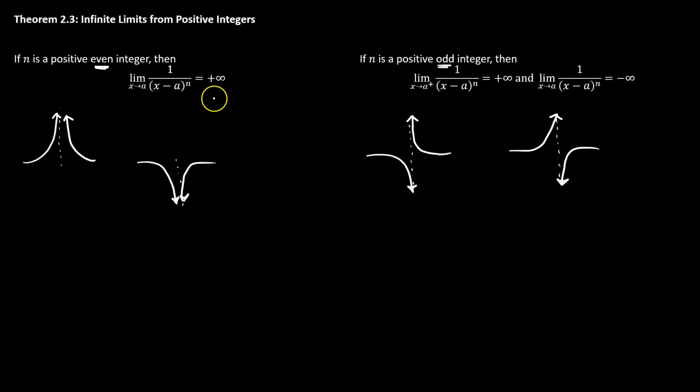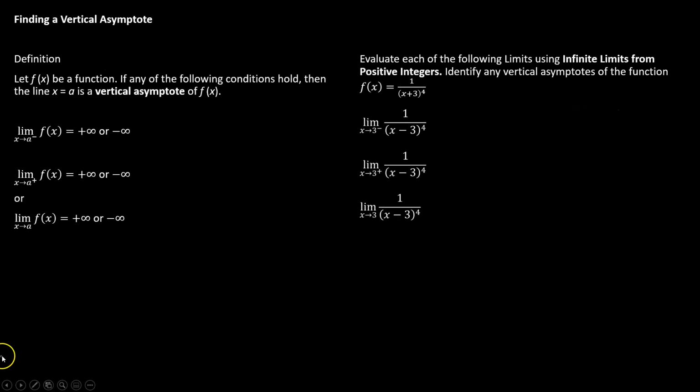So even, the left and right limits match. Either they're both +infinity or they're both -infinity. Odd function, the left and the right limits are opposite. So if the right limit is +infinity, then the left limit needs to be -infinity.